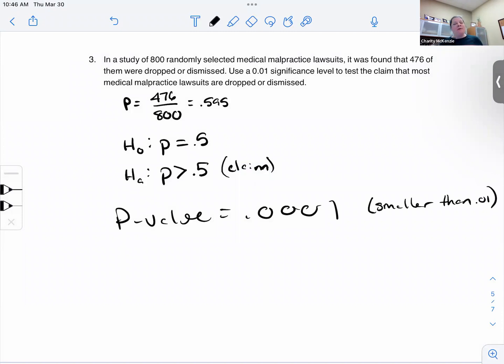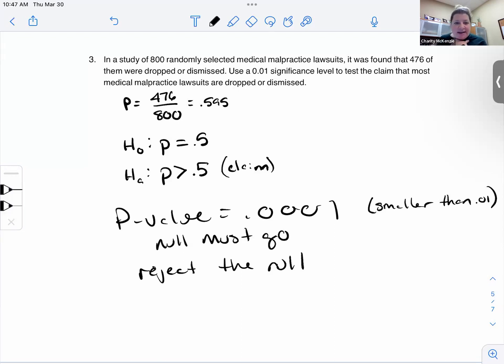If it's smaller, then null must go. Goodbye, null. That means I reject the null and I have evidence in favor of our alternative hypothesis. I have evidence in favor of the claim that most people drop their claim against the medical profession.